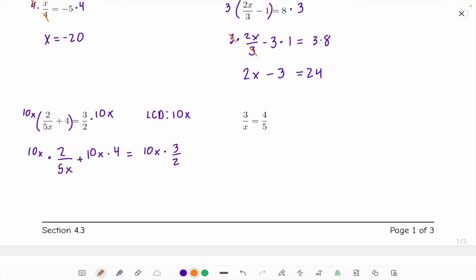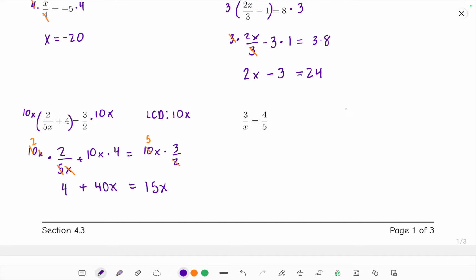For the first term, the x's cancel out, and the 5 reduces the 10 to a 2, and then 2 times 2 is 4. 10x times 4 is 40x. And then for the third term, the 2 reduces the 10 to a 5, but the x does not cancel out this time, so we have 5x times 3, which is 15x. And again, we got rid of the denominators.